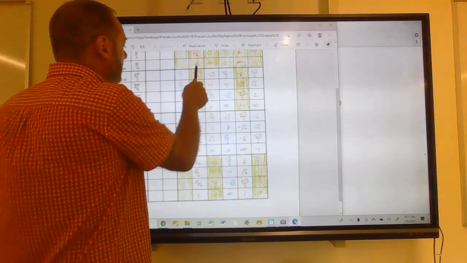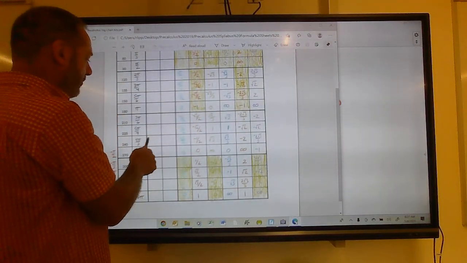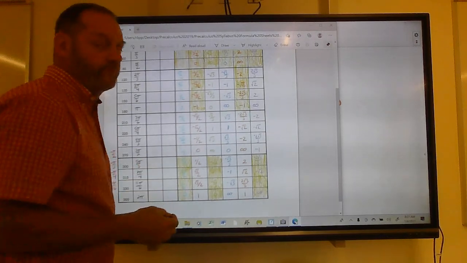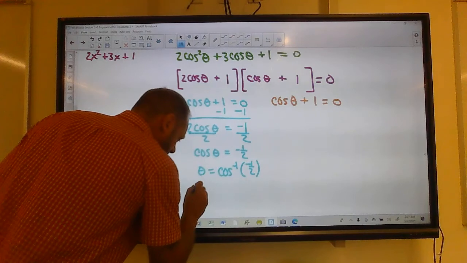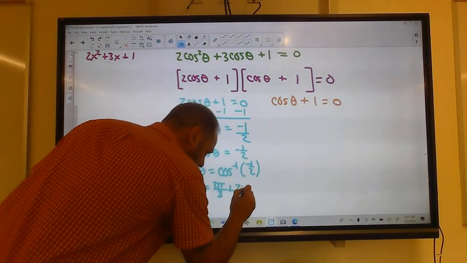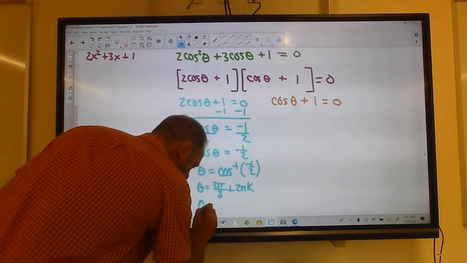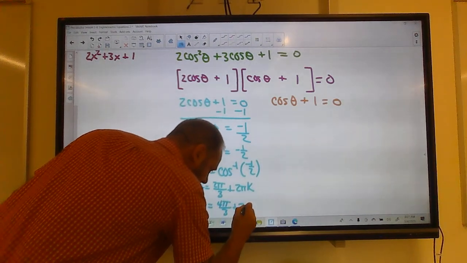So this is the cosine column here. So 2 pi over 3 and 4 pi over 3. So I've got 2 equations now. Theta is going to be 2 pi over 3 plus 2 pi k, and theta is going to be 4 pi over 3 plus 2 pi k.